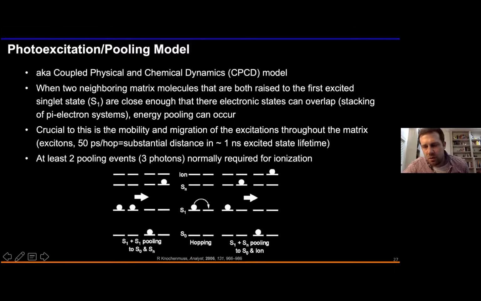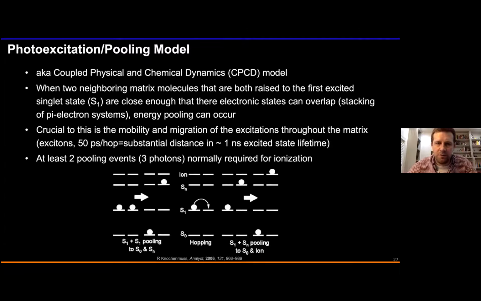But perhaps more applicable to things like metabolomics imaging, lipid imaging, and things like that is what was once known as the photoexcitation pooling model, and which is now termed the CPCD model. And this occurs when you have two neighboring matrix molecules, shown down here on the left, that have both been raised to the first excited singlet state.